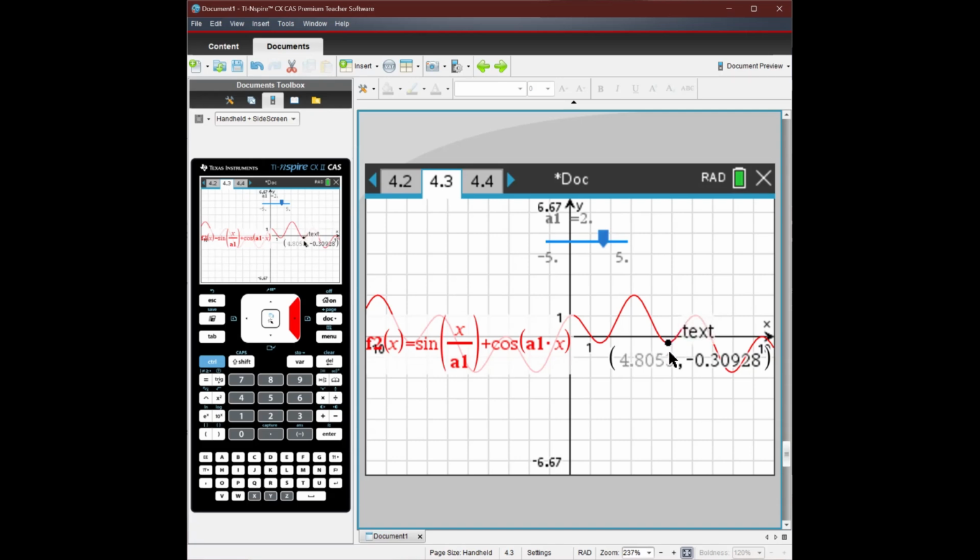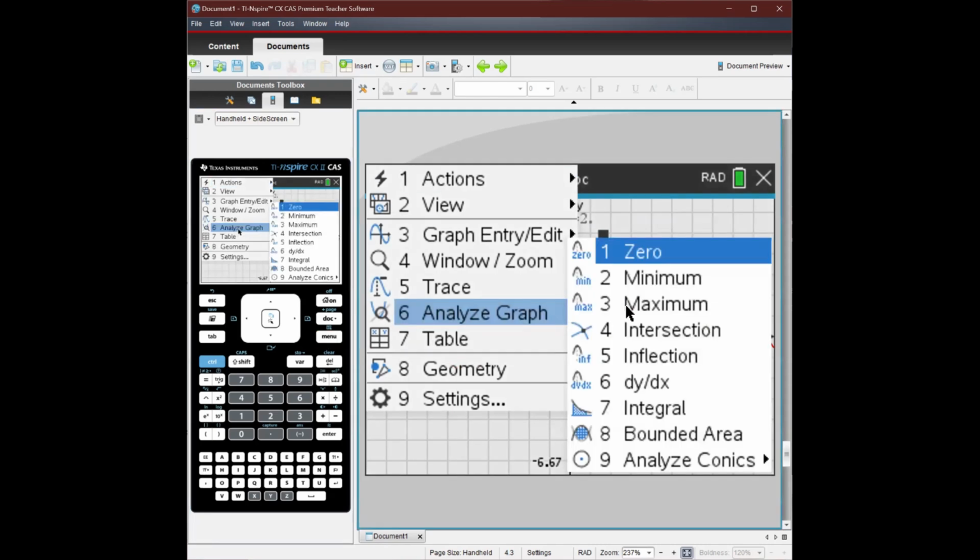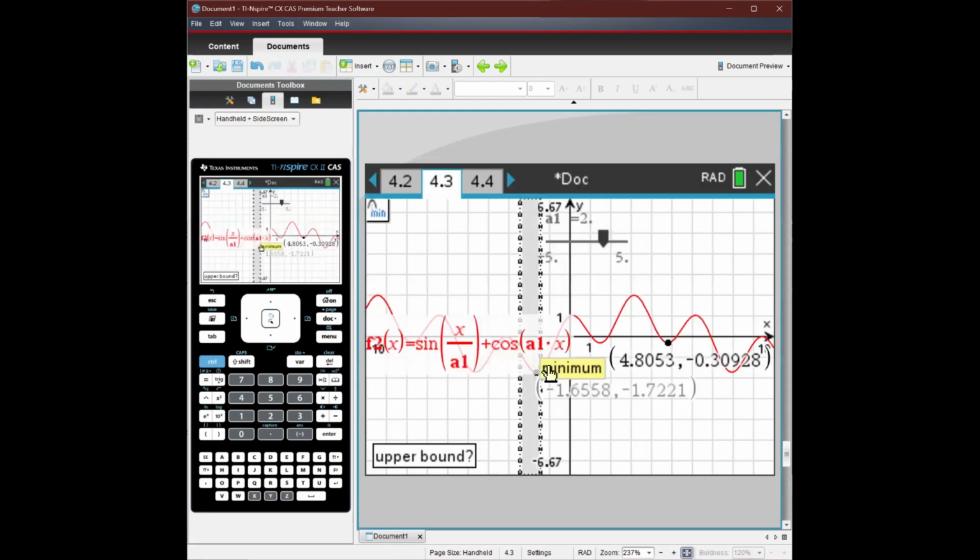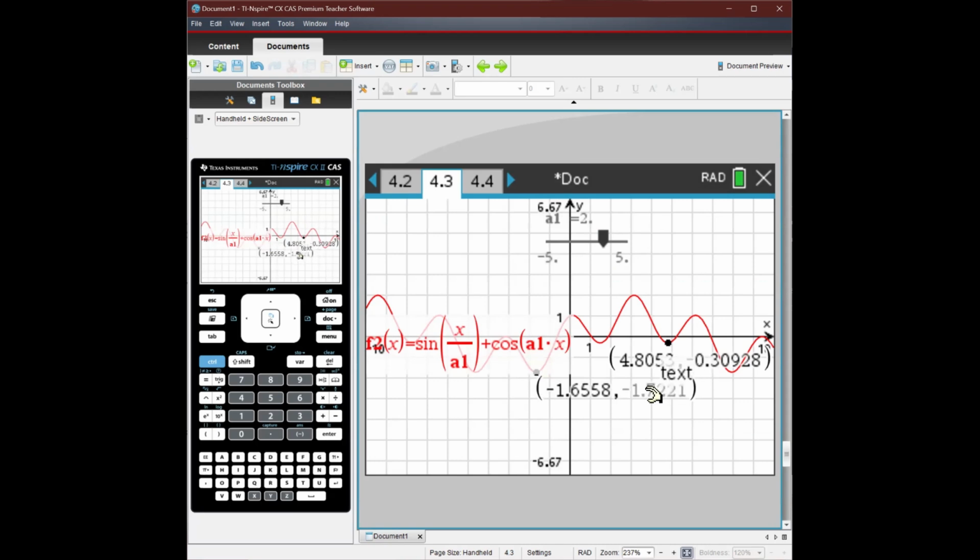Do you want the greatest possible absolute minimum value or the greatest possible local minimum value? So you can argue, well, analyze graph minimum. Well, this thing is not as large as minus √2, but this one is larger than minus √2, and it's even closer to the x-axis.